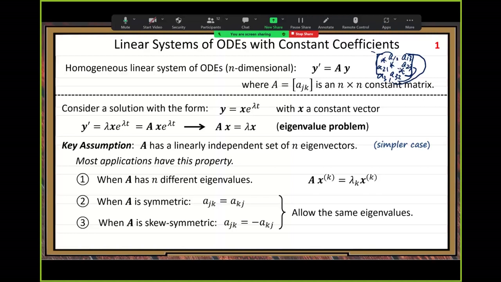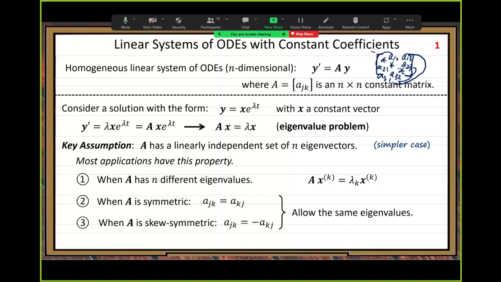Double, triple, quadruple. M multiplicity. Double, triple, k multiplicity, like that. So then we have this eigenvalue, eigenvector relationship.